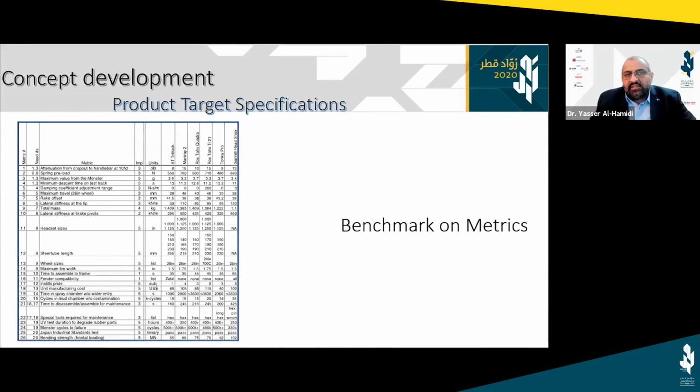It is simply by benchmarking. Here, as you can see, we have these competitors, which basically produce a similar product. We have the metrics here as rows, and we have their values.